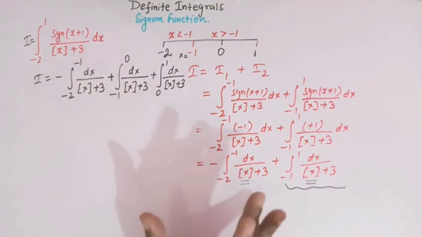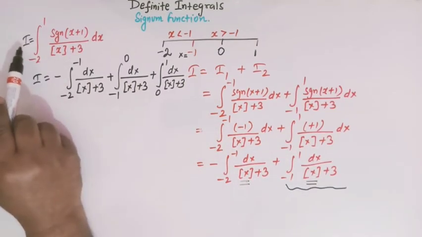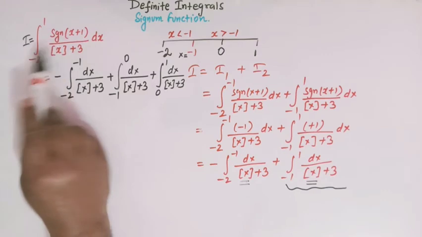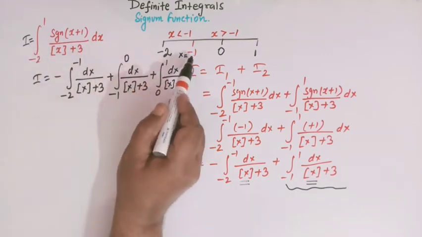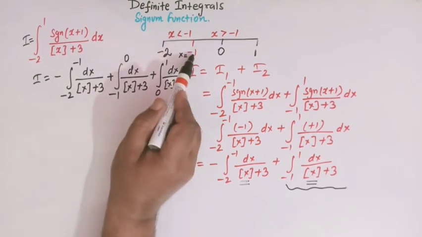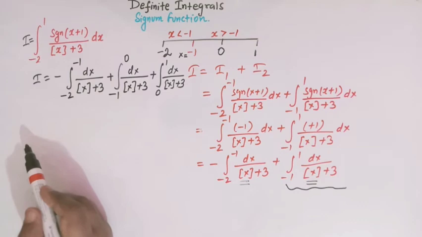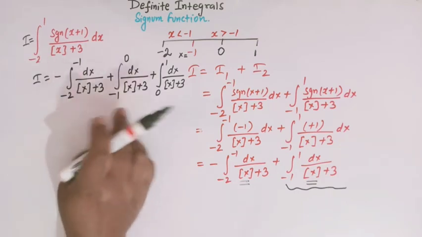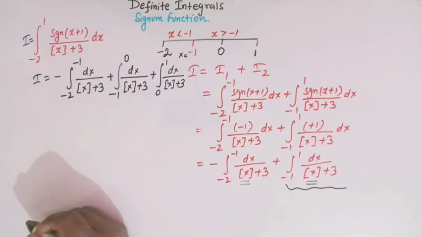So what we conclude from this discussion is that this integral I can be split into three integrals, that is from -2 to -1, then from -1 to 0, and from 0 to 1, right? Okay, so now let us apply the definition of greatest integer function, right?